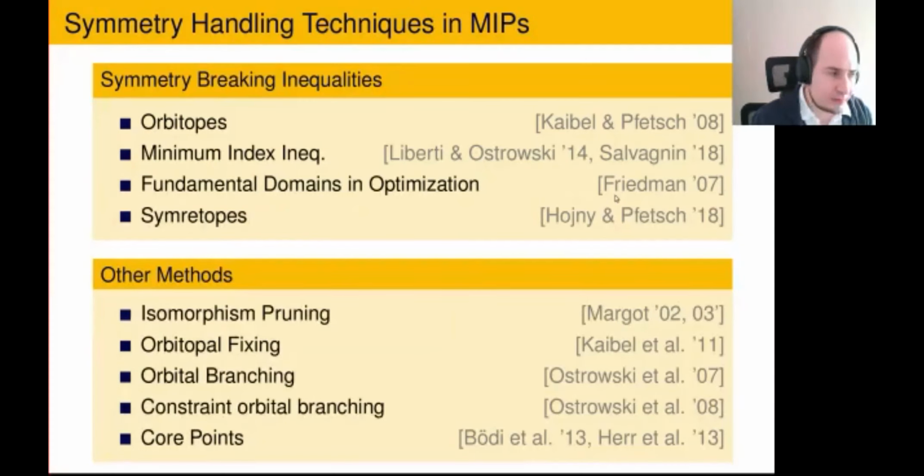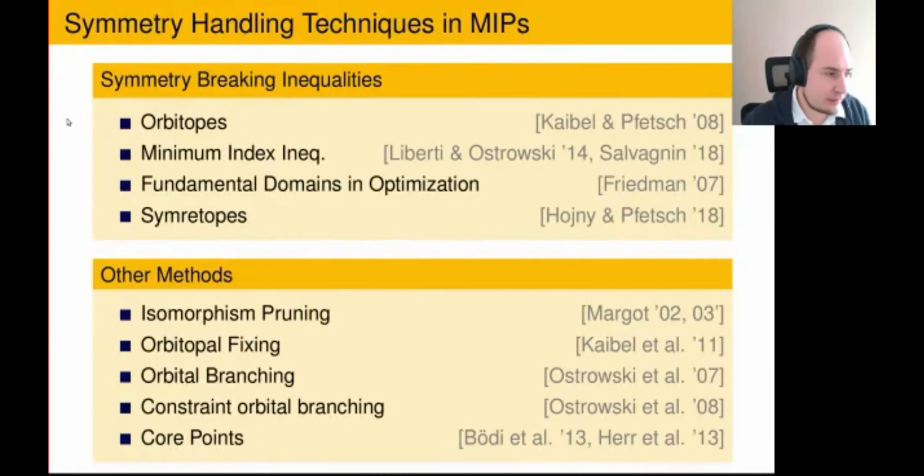There has been a lot of work on symmetry handling methods, in MIPs and in other areas too. In a very broad way, you could say that the literature separates into two major techniques. One major technique is symmetry breaking inequalities, that is, how to generate inequalities that break the symmetries of your problem.